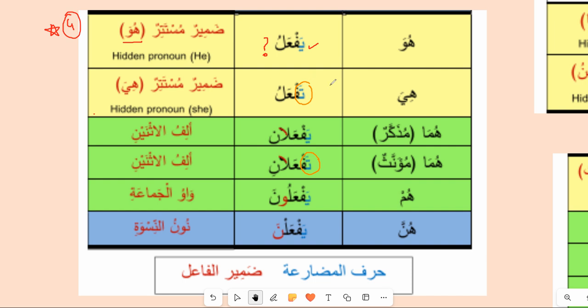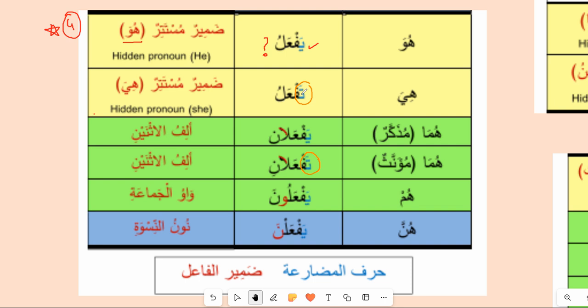Then coming to here, the ta. Now in the ghaib, if you use the ya for the feminine also, these two will look similar and you won't be able to distinguish between the male ghaib and the female ghaib. So in order to differentiate, the ya has been removed and the ta has been taken here to show the femininity.